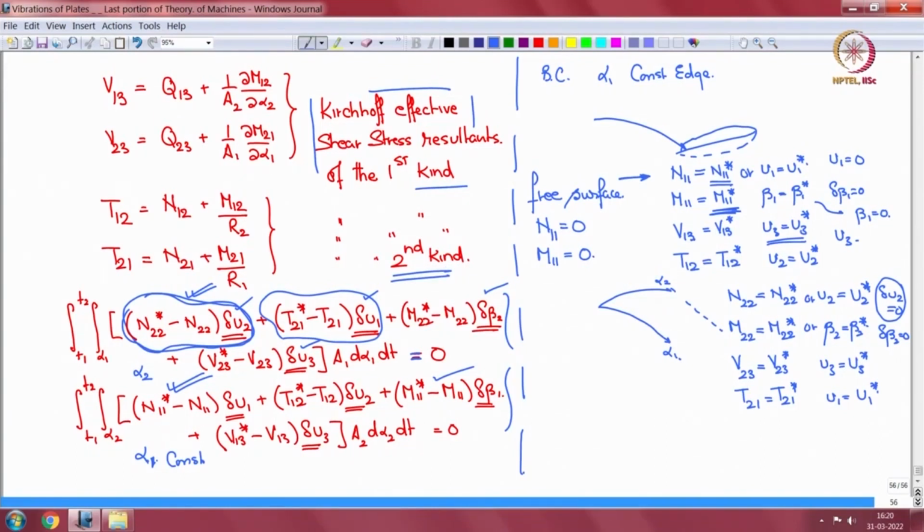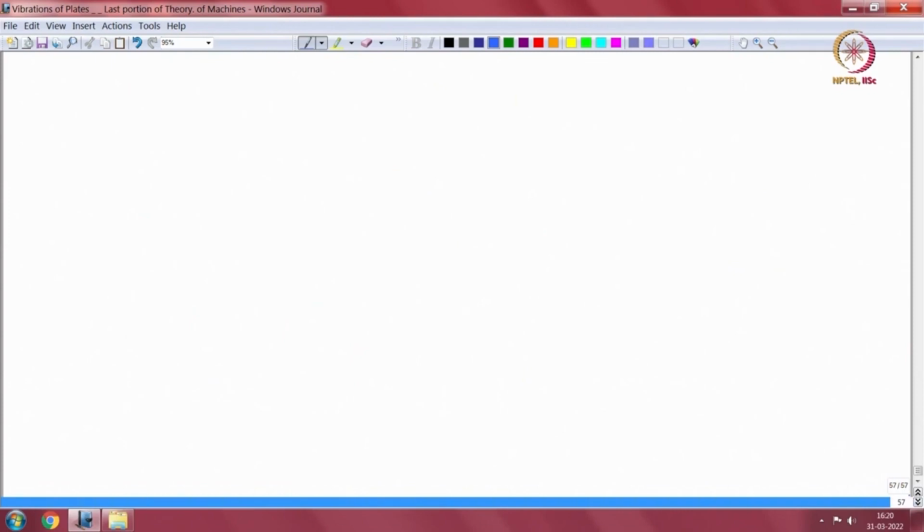Okay. So now, just as an example, suppose an alpha 1 edge is free. Then what would happen?